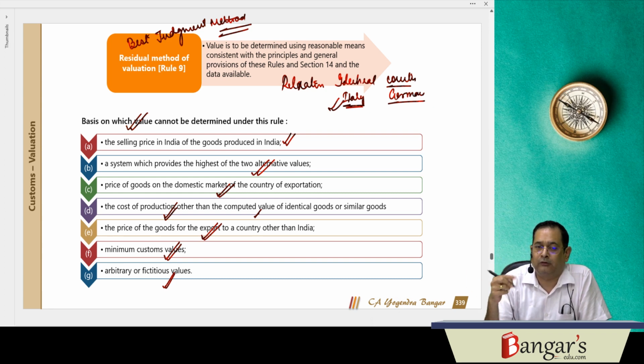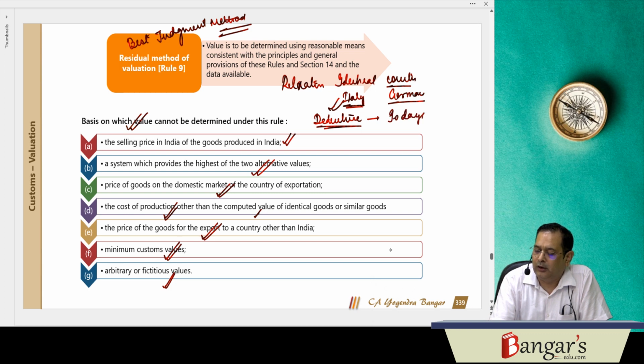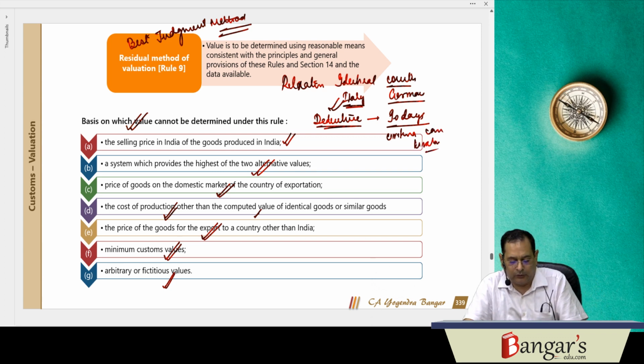So here this criteria can be relaxed. Or in deductive value we have seen the unit price at which the greatest aggregate quantity of goods are sold within a period of 90 days after importation. So here the 90 days criteria can be relaxed. This way the residual method works out.